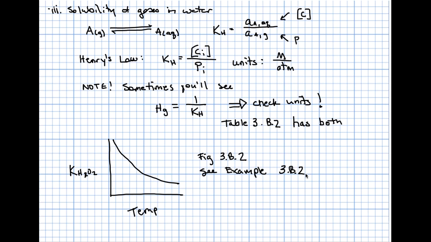This relationship, the fact that the Henry's constant decreases with temperature, is really significant in surface waters, because surface waters that are in equilibrium with the atmosphere have the maximum concentration of oxygen that they can hold. And a lot of aquatic species, in particular fish, are used to being in waters that are saturated with oxygen.